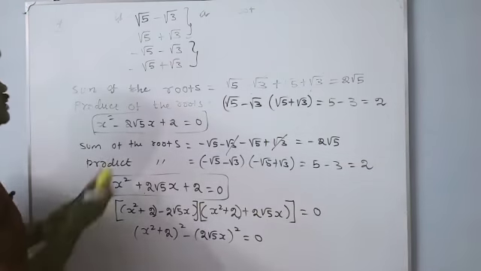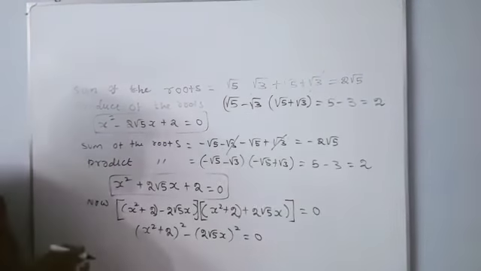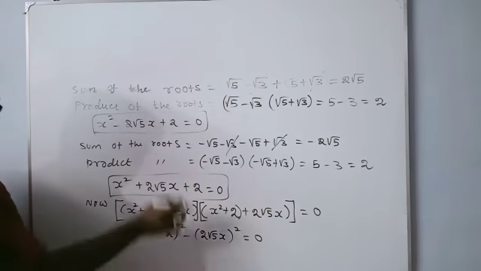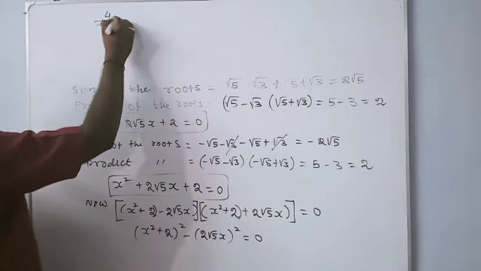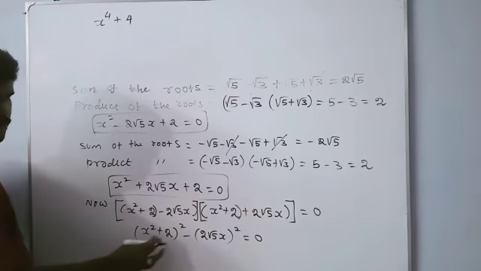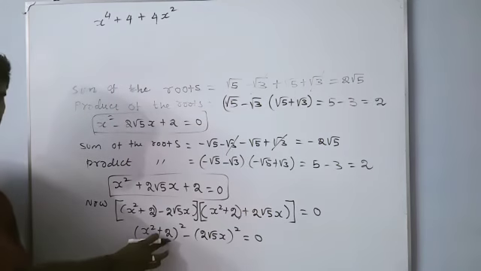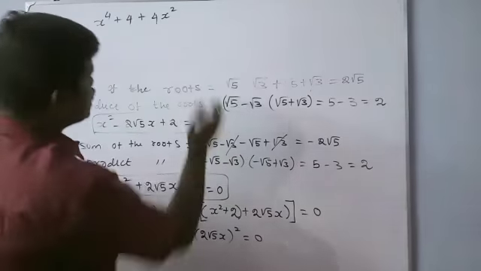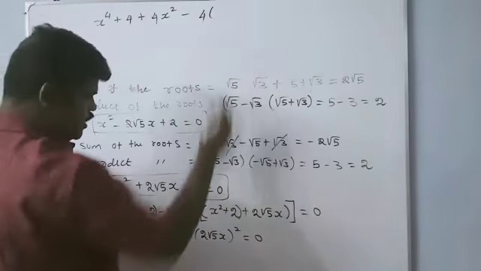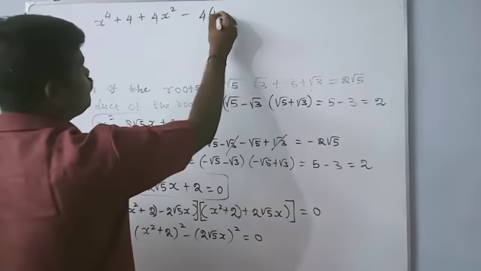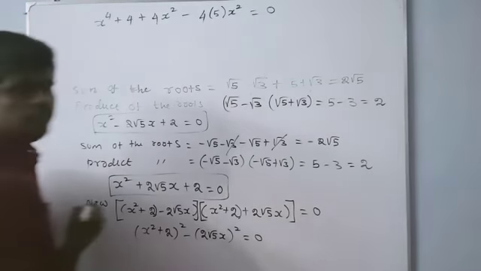Now expand these two terms. I expand at the top of the board. x square plus 2 the whole square means what? x power 4 plus 2 square, which is plus 4, plus 2ab, that means 4x square, 2 into 2 is 4, 4x square. Again minus, 2 square is 4 and root 5 square is 5, into x square equal to 0.